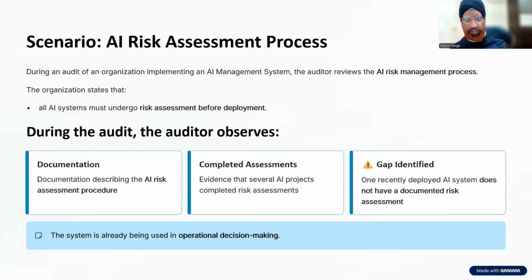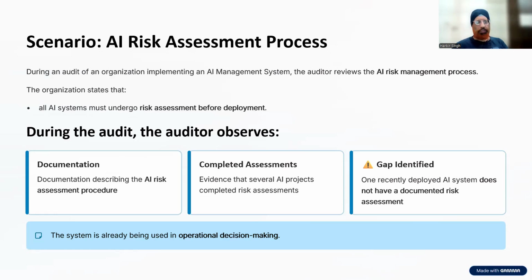Now, what is the scenario? Let's talk about this scenario. We want to talk about the AI risk assessment process. This is a specific scenario taken for this particular exercise. During an audit of an organization implementing an AIMS, the auditor reviews the AI risk management process.